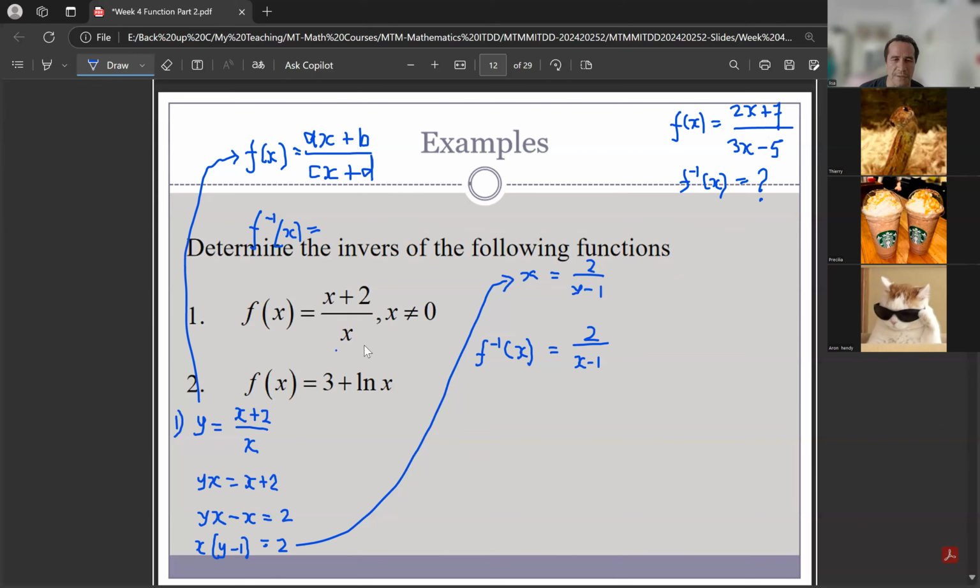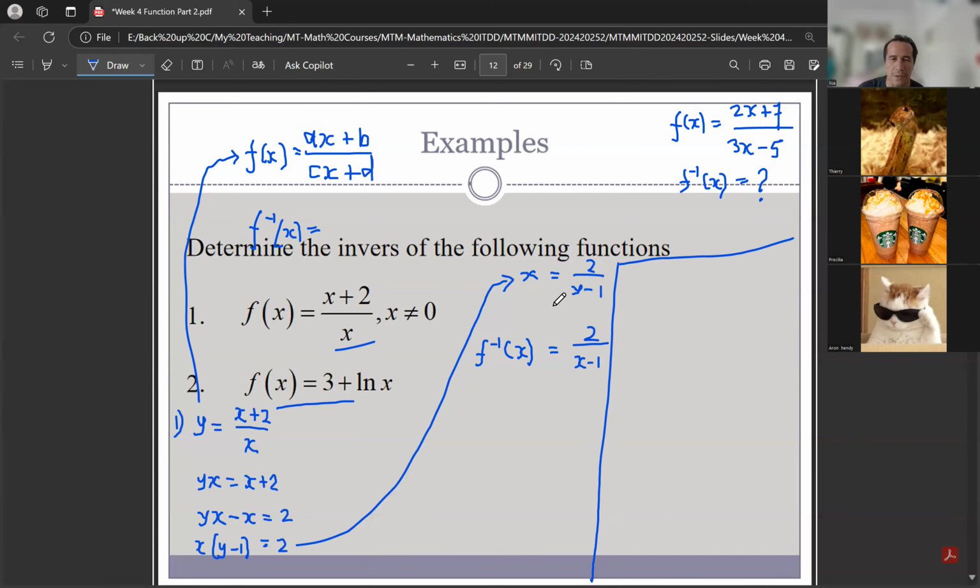This is a rational function, and the procedure has been done here. For another example, this function has a logarithmic function. I will show you number 2 also, how to get the inverse of a logarithmic function.